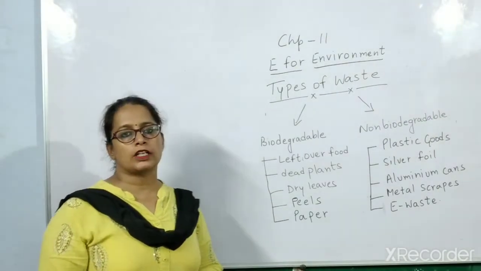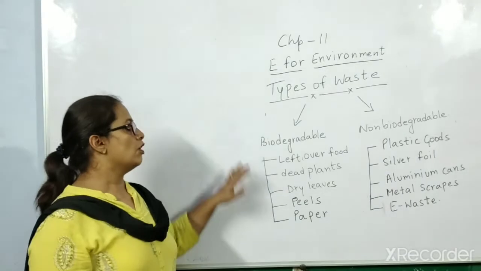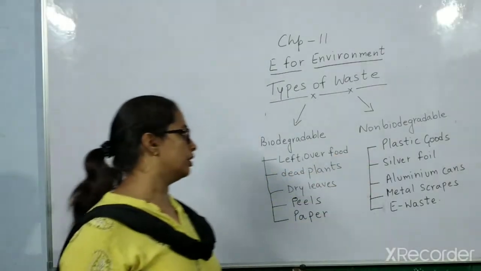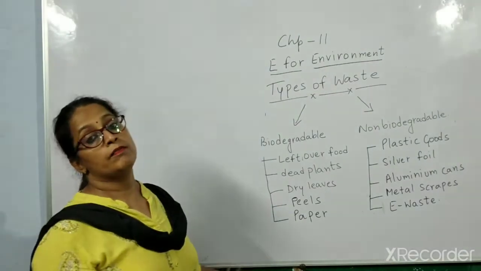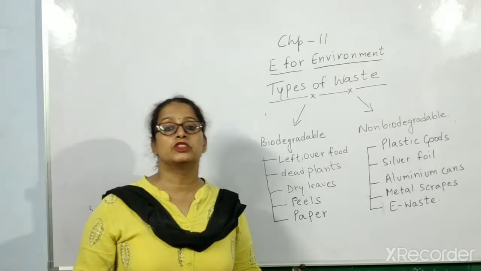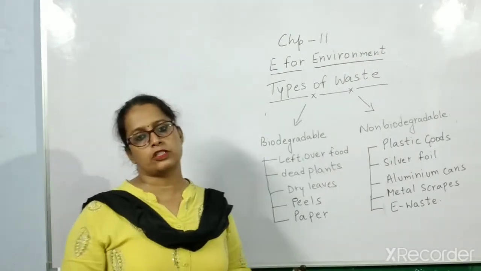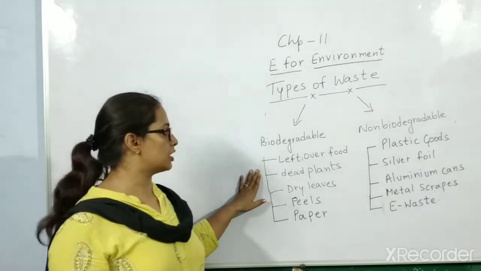So let us know what the different types of waste are. Basically there are two types of waste. One is biodegradable and another one is non-biodegradable. In biodegradable waste, we talk about the waste which is produced generally in homes, basically in the kitchen. So leftover food is a part of the kitchen.